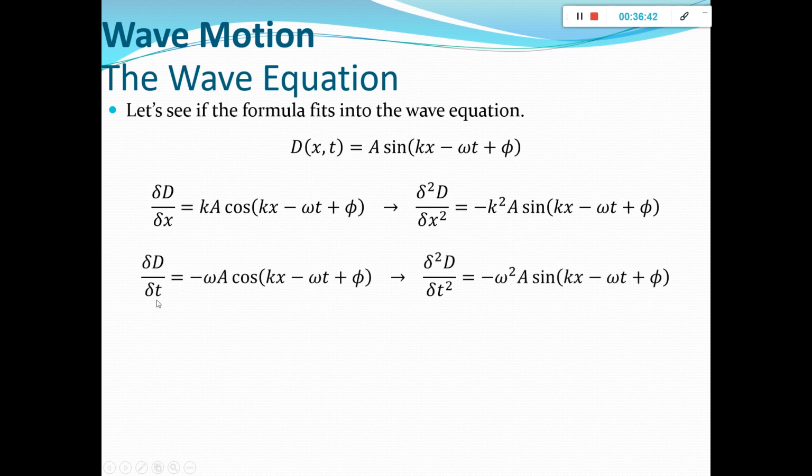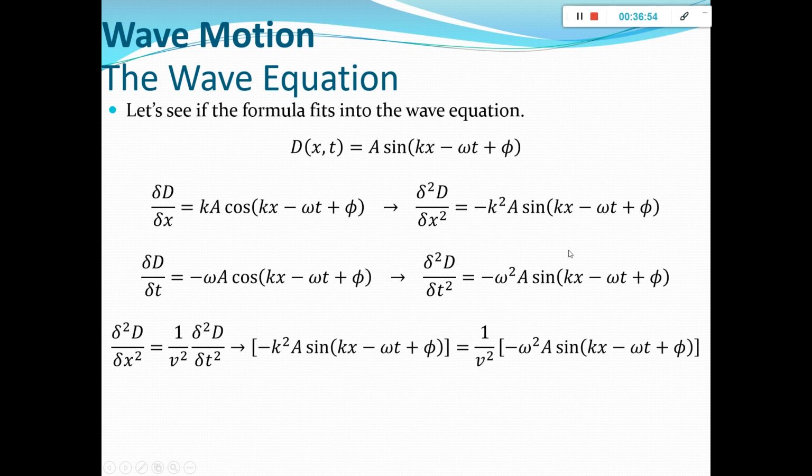Do the same thing, but this time for time. So we're going to have this omega part coming in. So minus omega here, times another negative omega, and it turns into this. When we recombine this, put it in for the second derivative with respect to x and the second derivative with respect to time, we end up getting this equation.